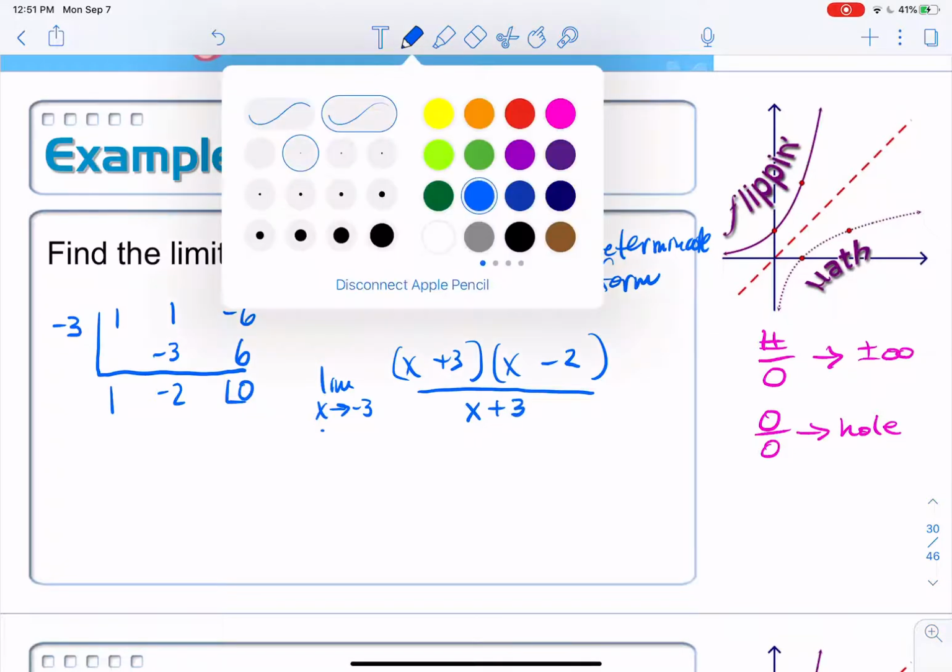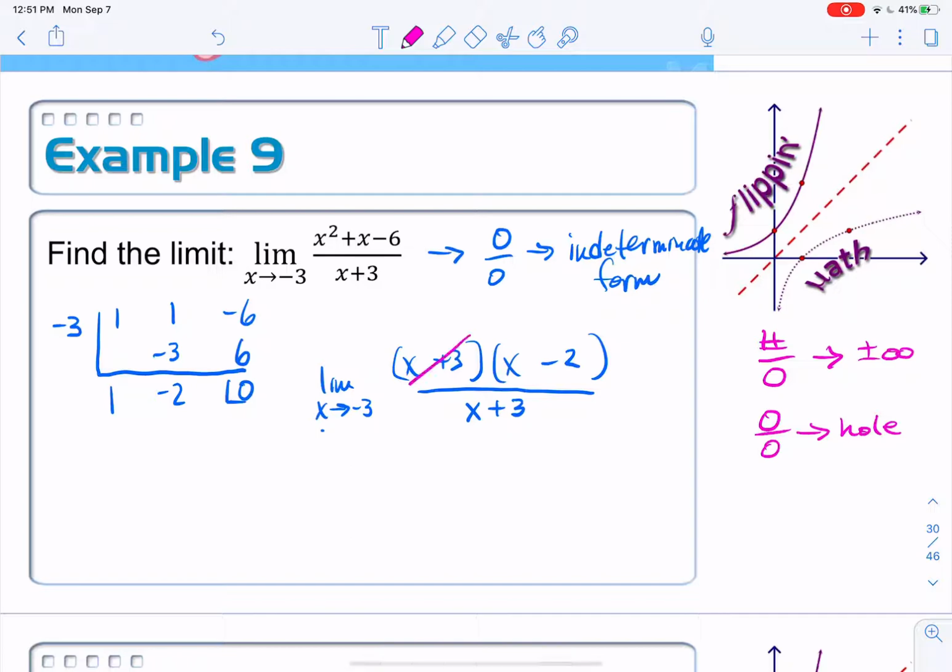And the x plus 3 is a common factor which divides out. It's equal to 1, right? As a matter of fact, let me just write this right over here. x plus 3 divided by x plus 3 is always equal to 1, everywhere except at x is equal to negative 3. Right?